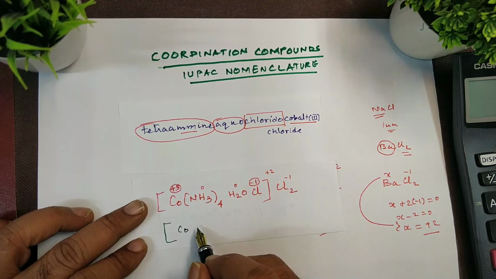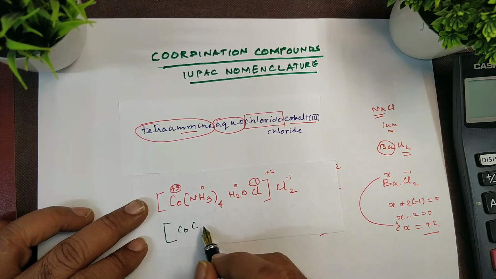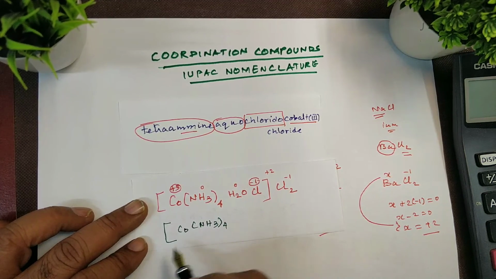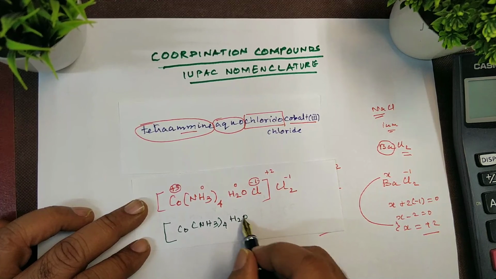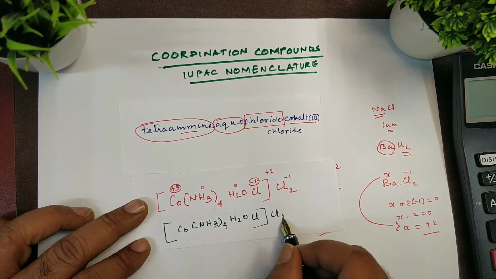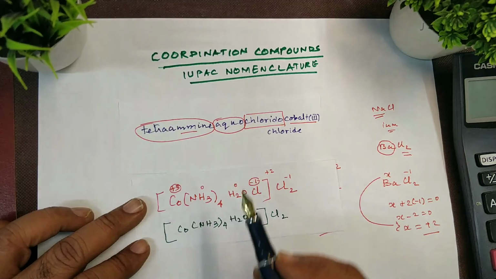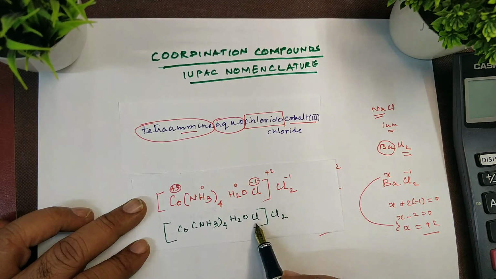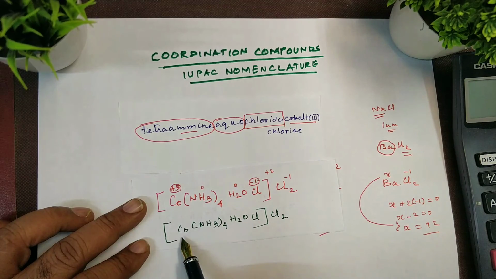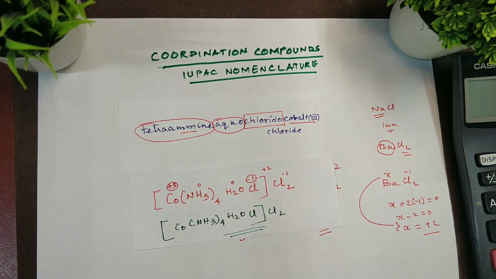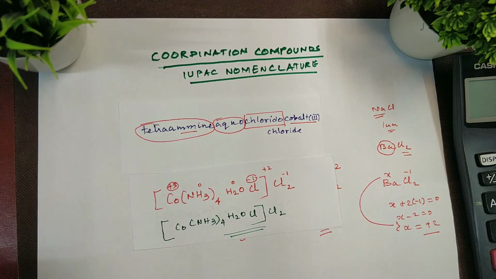So cobalt and then NH3 4 times, water, Cl, bracket, Cl2. So tetraammine aquo chlorido cobalt(III) chloride. This is the way you have to arrive at the molecular formula based on the IUPAC system.